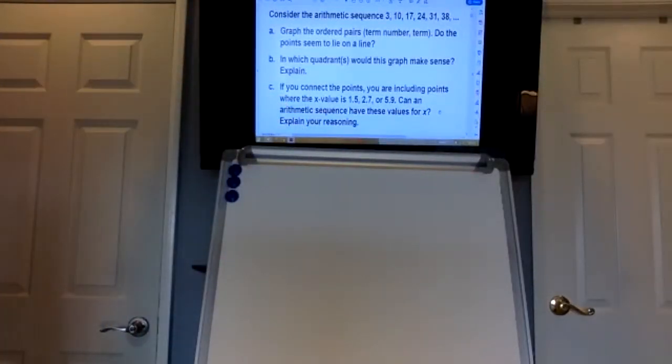All right, and anything you want to do to extend the problem out, try to add to the problem yourself. What else did they not ask you to do that you could add to this, with the information that this is giving you? What's the difference between term number and term?